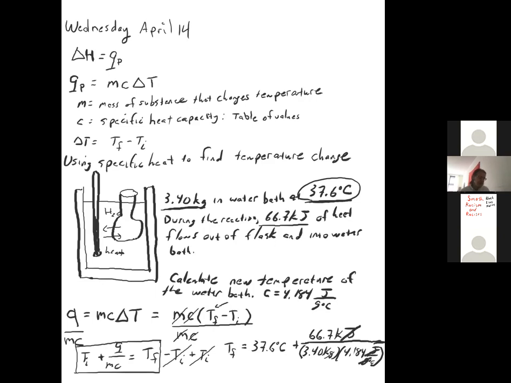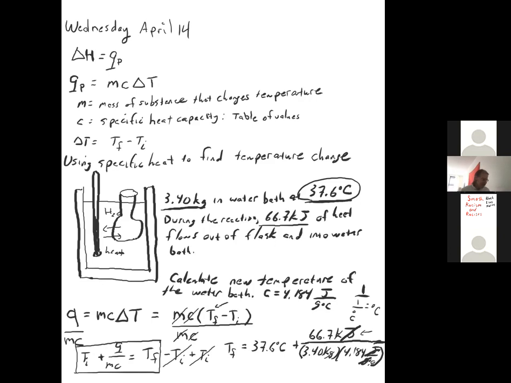So all those units cancel with the exception of degrees C. And so really it's 1 over degrees C, right? Because this is the numerator here, and then degrees C is in the denominator down here. So it's like a compound fraction. So 1 over degrees C is just degrees C. So there's our answer, degrees C. So that's good. So we can add degrees C together.